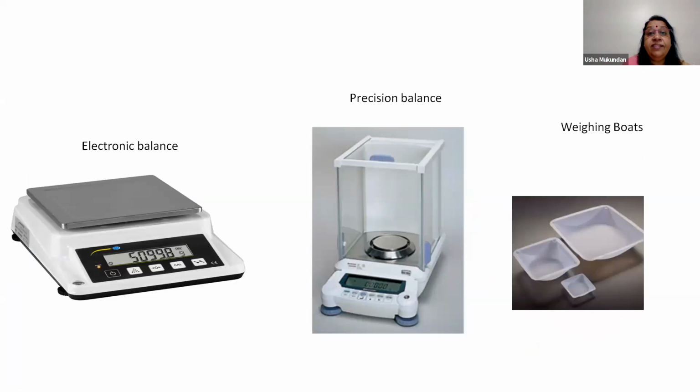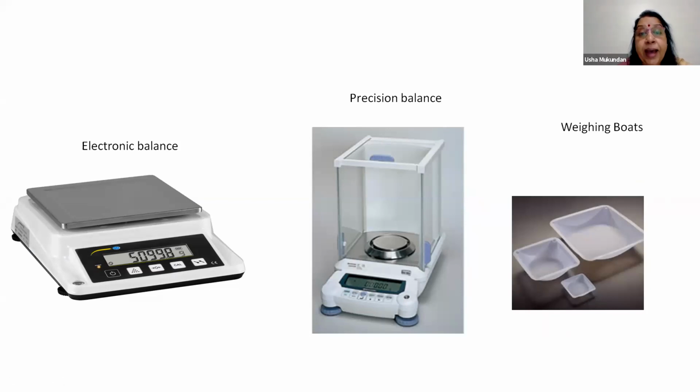Then you have balances of different size. Another very, very important thing: you must always use a spatula whenever you are taking out chemicals from the container. You should not use the same spatula, and the spatula should be totally dry. Then you get something called weighing boards. You cannot use paper.